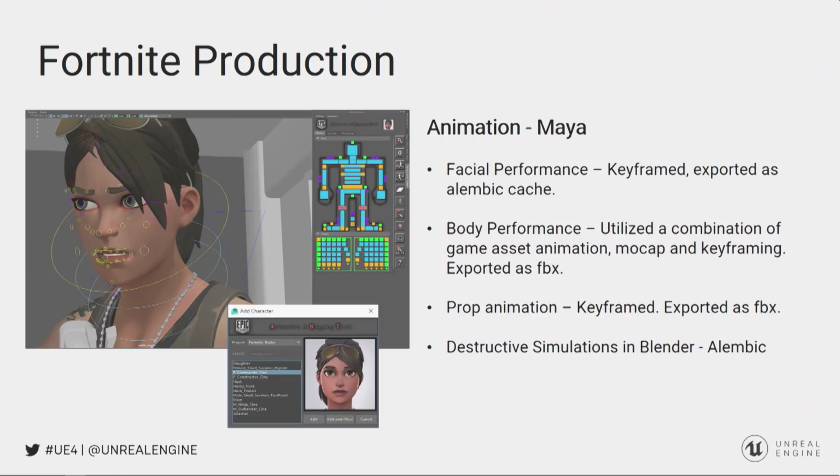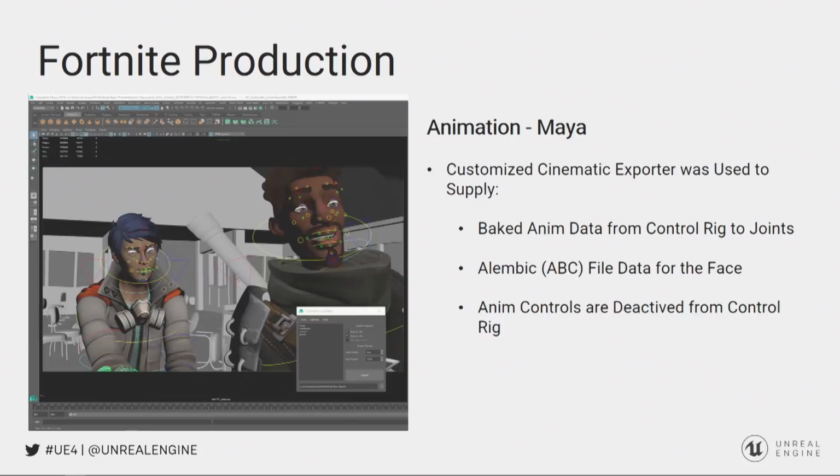All props were keyframed and exported as FBX, and all the destructive simulations were actually constructed in Blender for several of them and exported as Alembic files. Ultimately, we had a series of custom scripts inside of Maya that would bake out all this animation data and provide a folder that had all of our ABC files for the Alembic and a separate folder for the FBX files.